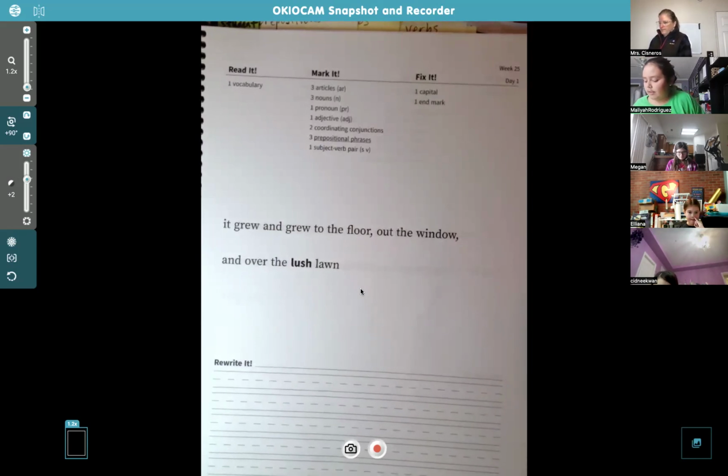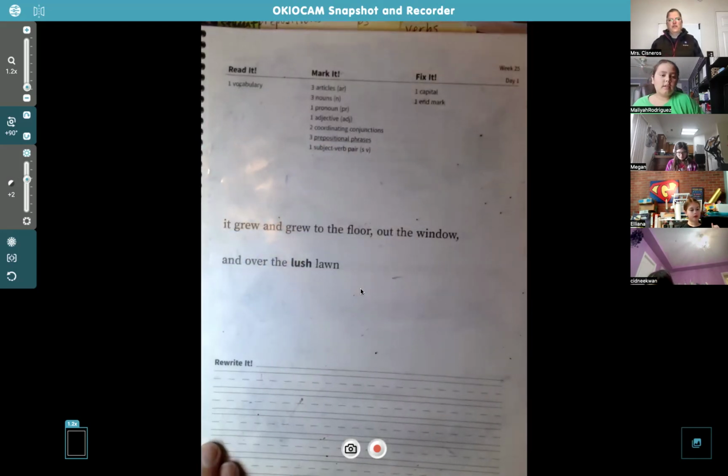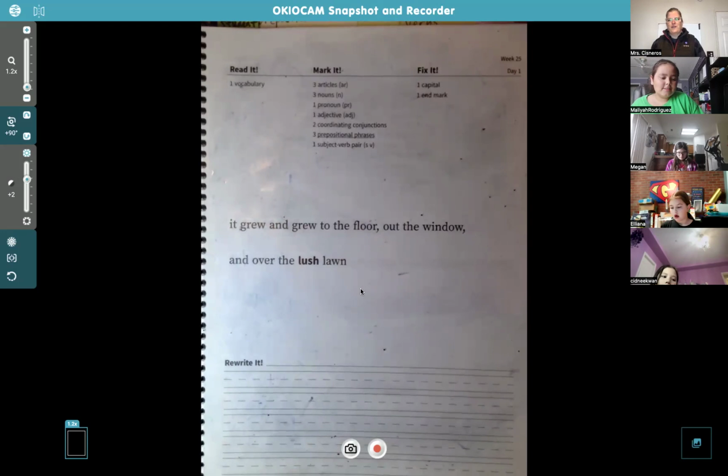It grew and grew to the floor, out the window, and over the lush lawn. Oh my goodness. Okay, what are we talking about? What's growing, Malia? You remember? Do you guys remember what's growing? What is it, Sydney?